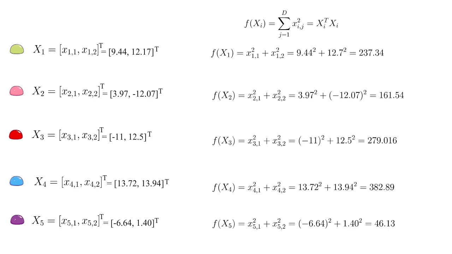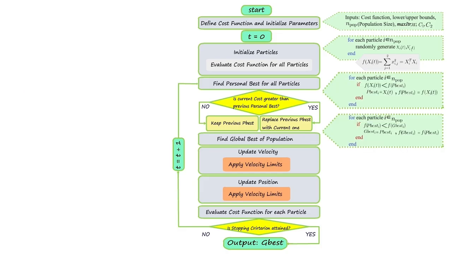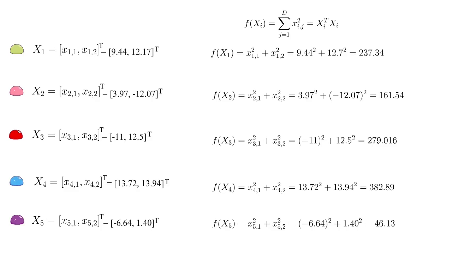Okay, let's look at the flowchart again. After evaluating the cost function of each particle, the personal best and global best should be adjusted according to particles' cost values. Since the particles are in their initial stage, each particle's personal best position is set to its initial position.